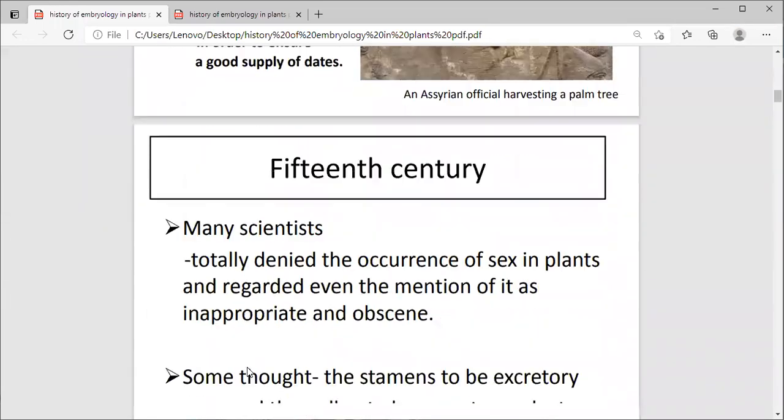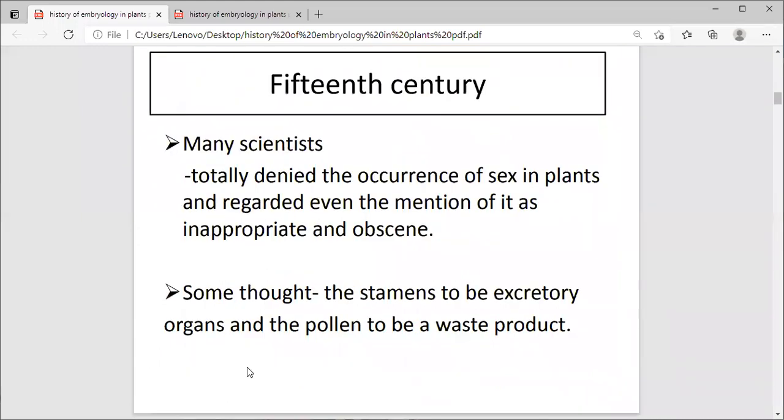After that, in the 15th century, many scientists totally denied the occurrence of sex in plants.